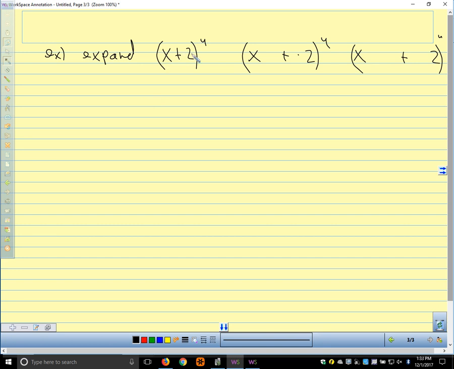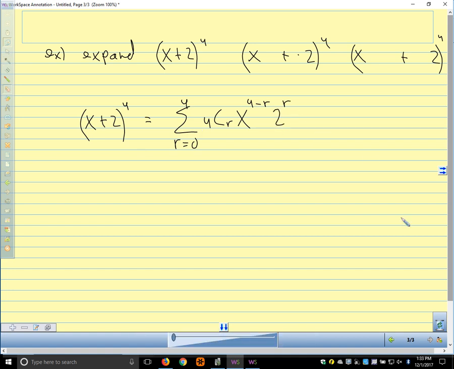This is asking us to multiply this out. We want to use the binomial theorem. So I say x plus 2 to the 4th equals the sum r equals 0 to 4, 4 choose r, x to the 4 minus r, 2 to the r.